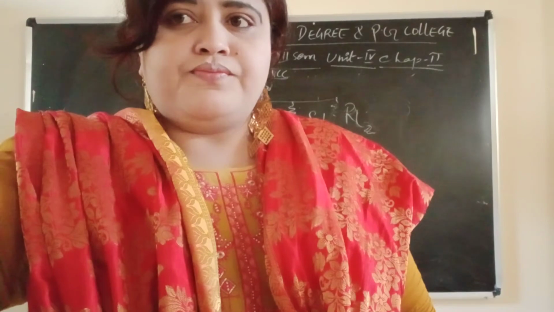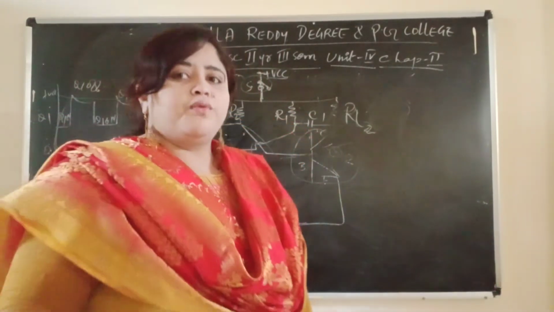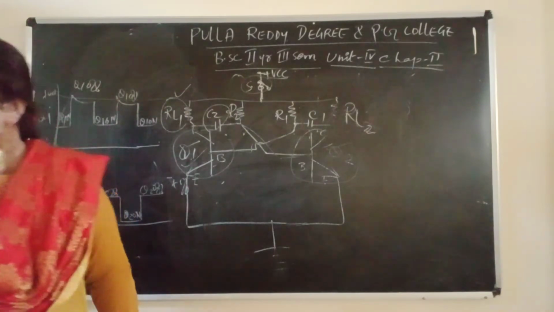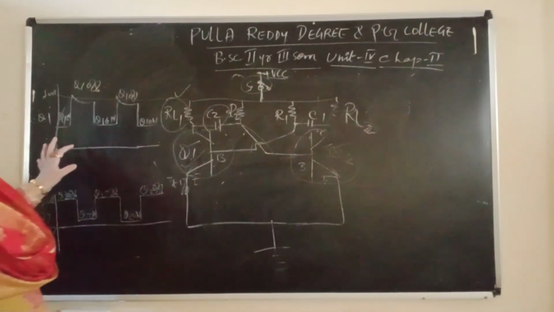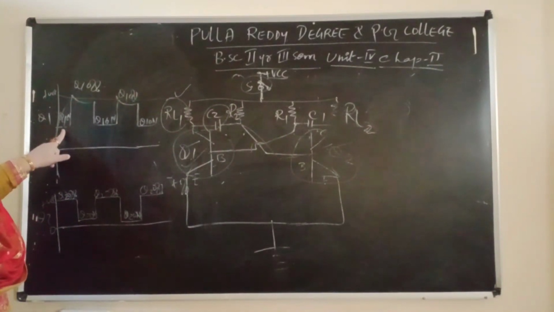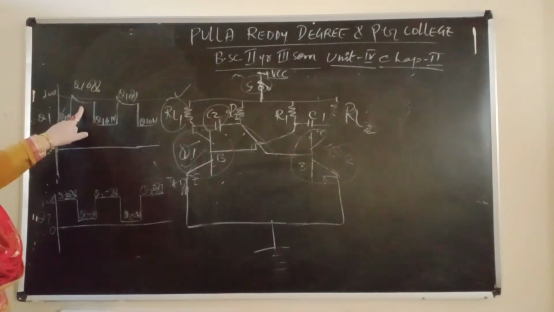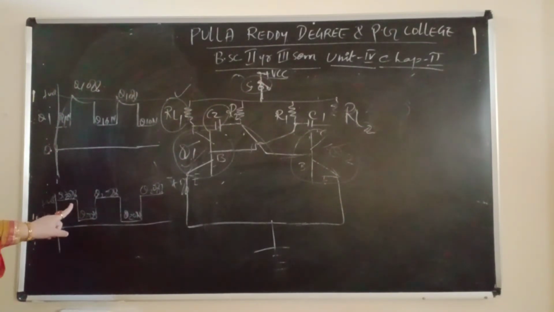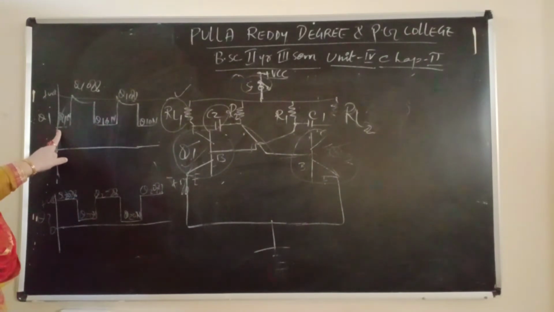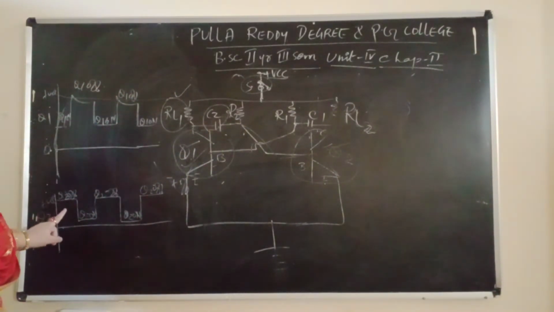Now we will be seeing the output of an astable multivibrator. You can see here it will be in two forms. When Q1 is on, the voltage will be low, and when it is off, the voltage will be high. When Q1 is on, Q2 is off, meaning voltage is high. So RL1 will have low voltage because it is on, and RL2 will have positive voltage.